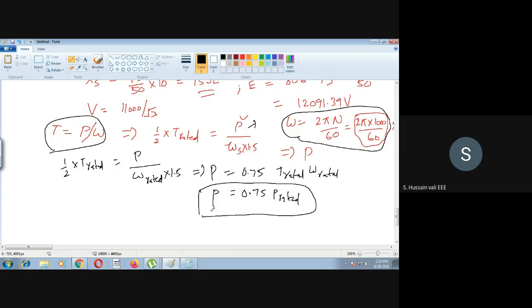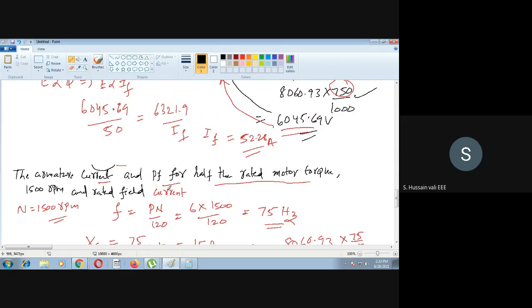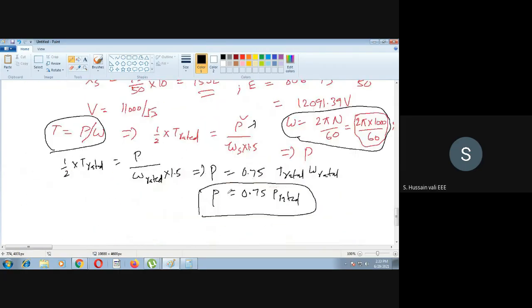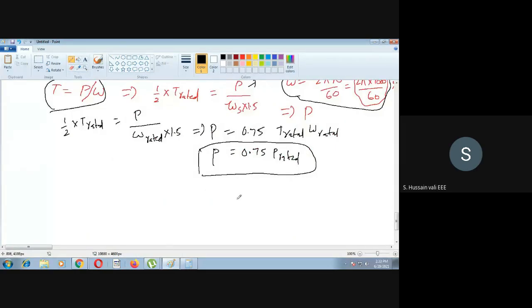Why we need to find all these things is that we need to find the armature current first. You recall how to find the armature current. There is one equation: V is equal to E plus IS XS. From this we can find IS.